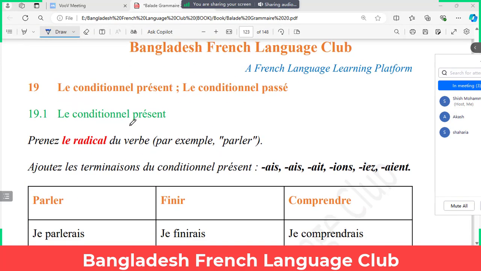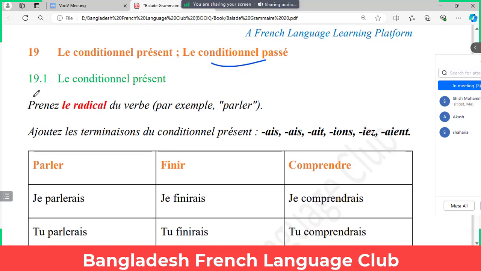Okay, here is another important thing: le conditionnel présent et le conditionnel passé, I mean the conditional present and conditional past. So, le conditionnel présent. Here the rule is: prenez le radical du verbe, par exemple parler. We have to take the whole verb, nothing is dropped; the whole verb is the radical.